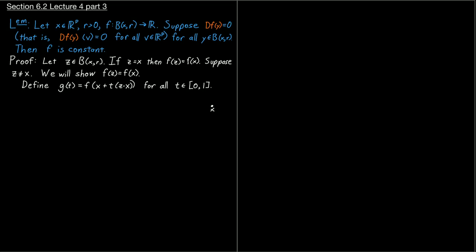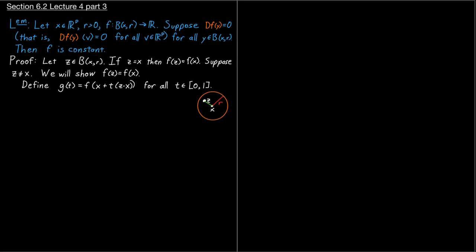We've got our ball around x of radius r. We've got our point y and our point z in here somewhere, and then we just draw, essentially, we're drawing this straight line from x to z, and we're computing what f is along that line.